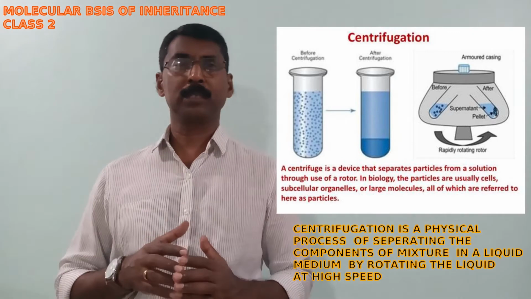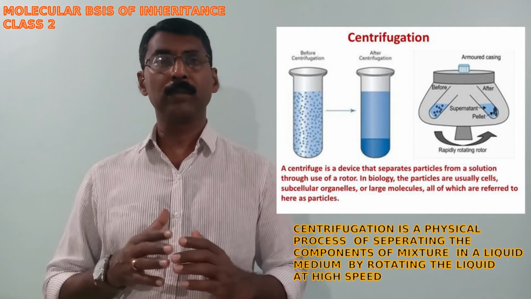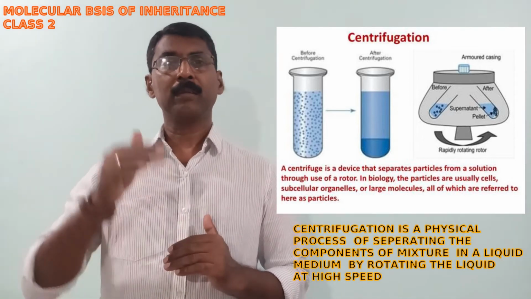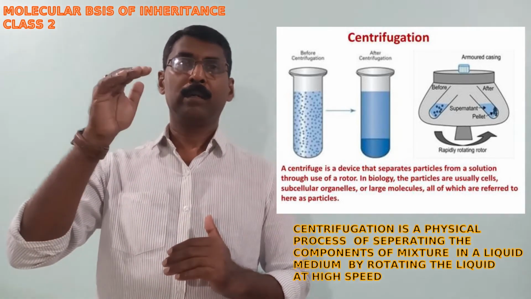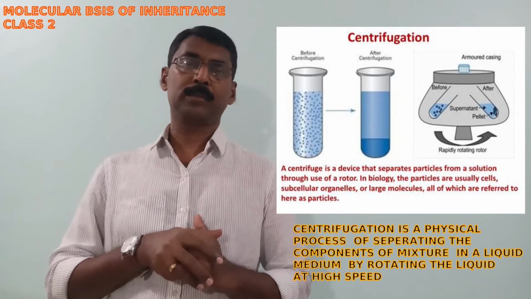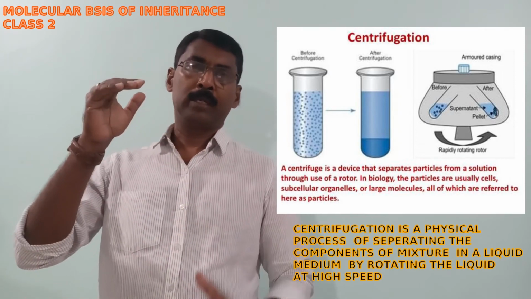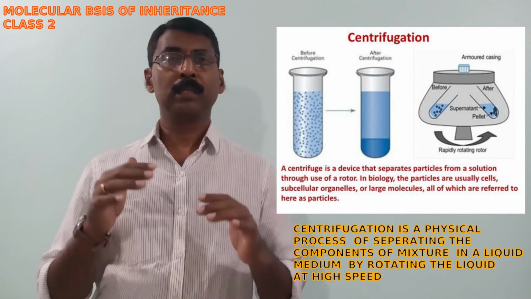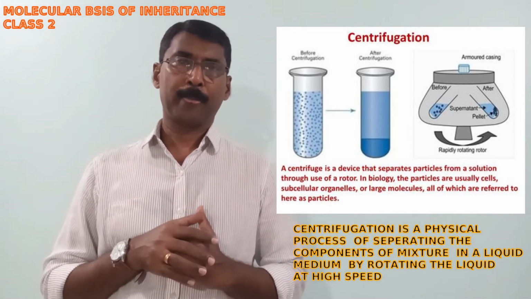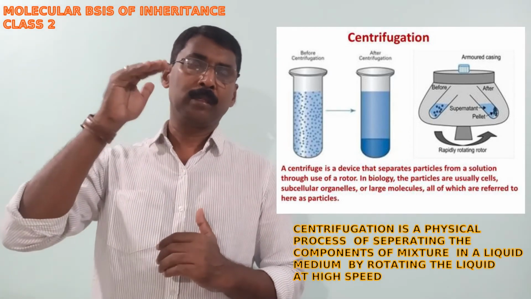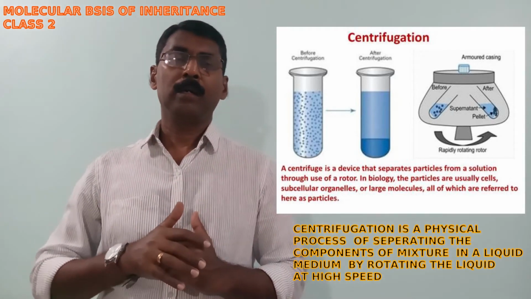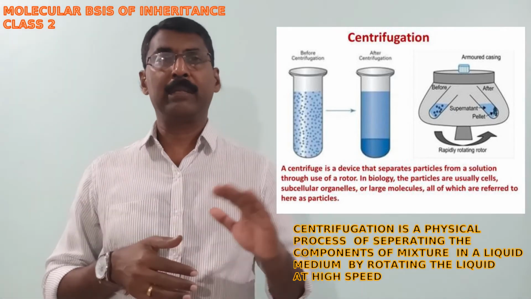The denser particles or denser molecules would settle down, and the lighter substances would float on the surface. The settled part is called the sediment, and the upper portion where the light particles are is called the supernatant.